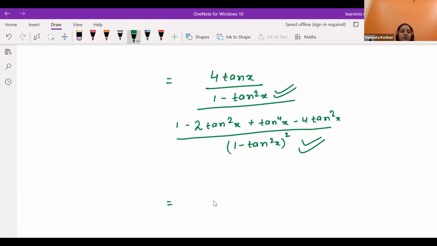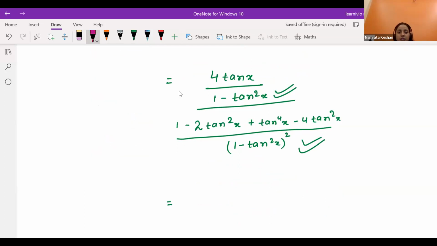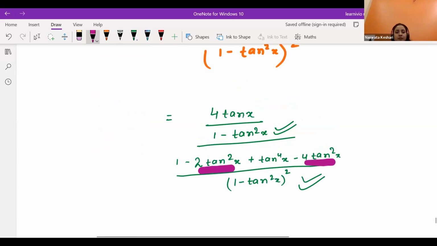Here we can do the simplification. Can you see it? See carefully this one and this one. We can take 2 tan square x common, probably.